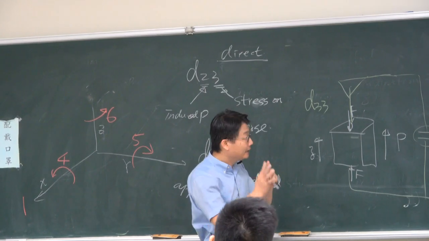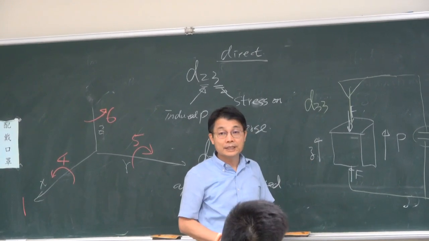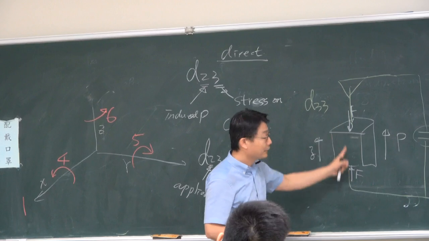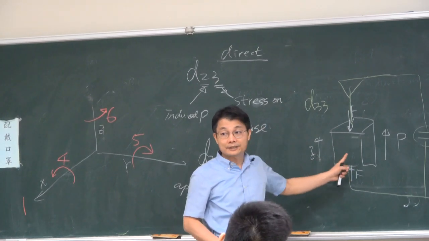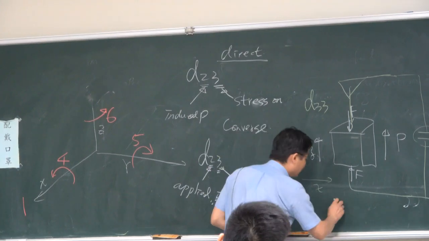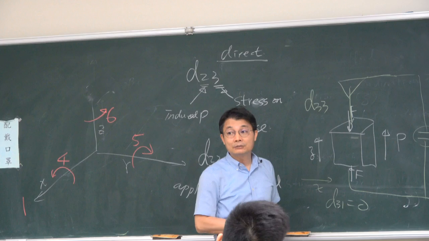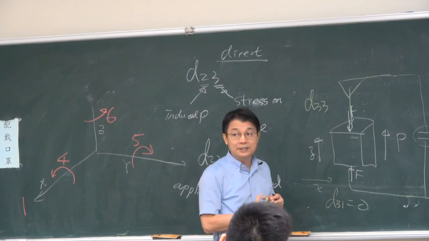And there's no other constant, because zinc oxide only has polarization on the Z axis. There's no polarization on the X axis, so D31 is almost 0, the constant will be 0.